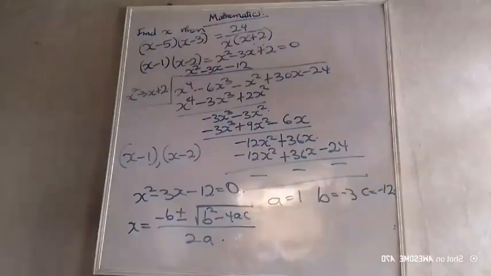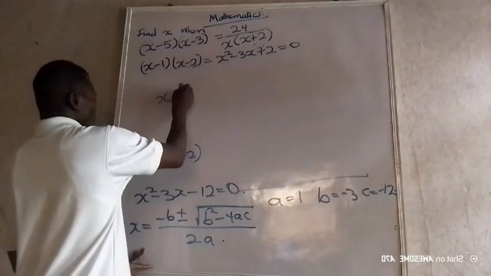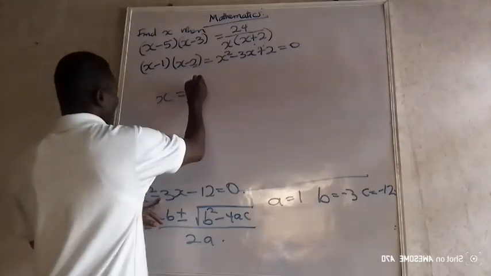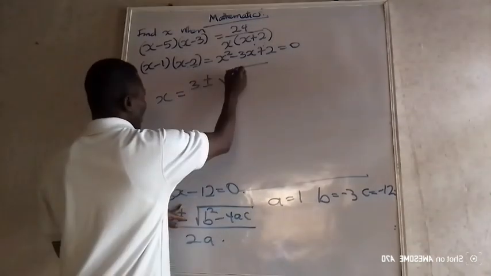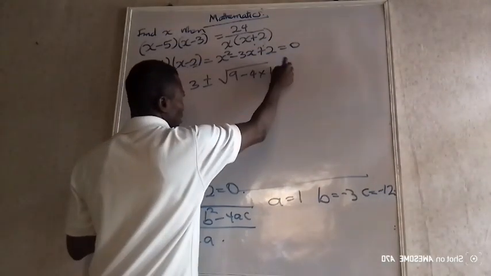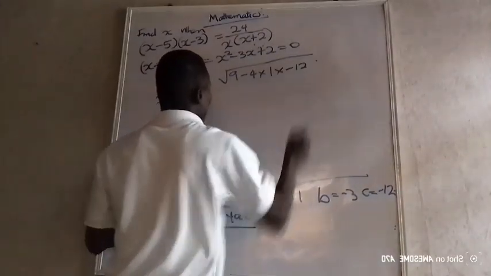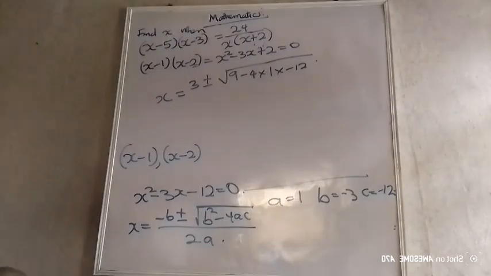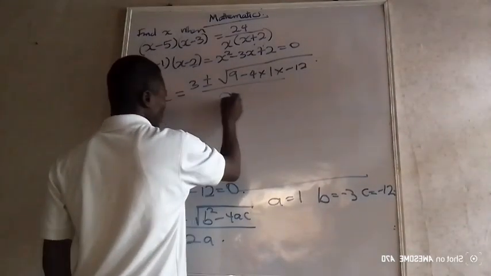Now let's find out. So the other values of x, you can get from here. Is equal to what's minus b? That's 3. Plus or minus root. What's b squared? 9. Minus 4 times 1 times minus 12. So divided by 2 times 1.